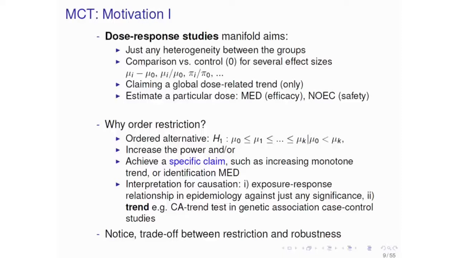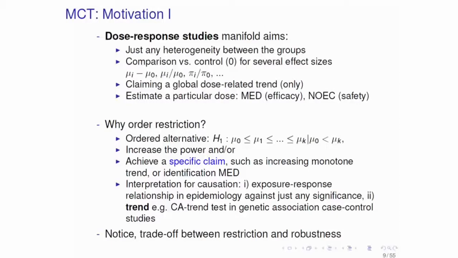Therefore, this objective, power, is nice, but for me not the most important. Another thing is we want to claim something. And a claim of a minimum effective dose is very important in clinical trials. At the end of the day, the drug will be marketed with this dose. And the interpretation in terms of causation.